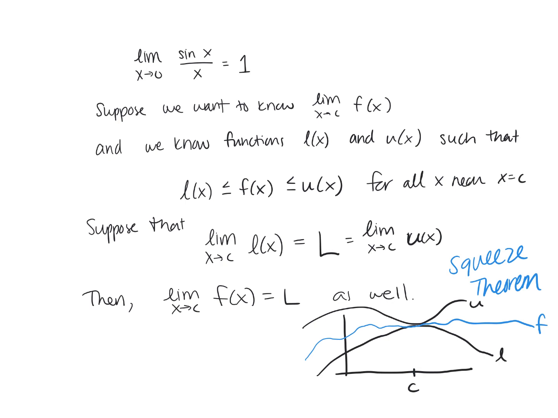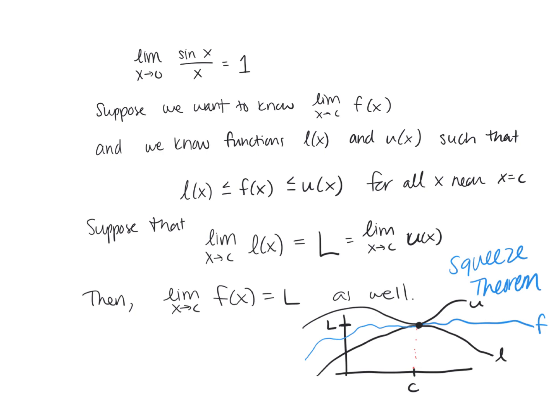Well, then if u and L both have the same limits at this particular point c, then since f is squeezed between them, there's nowhere else for f to go. So the limit for f must also be equal to L. That's the idea.